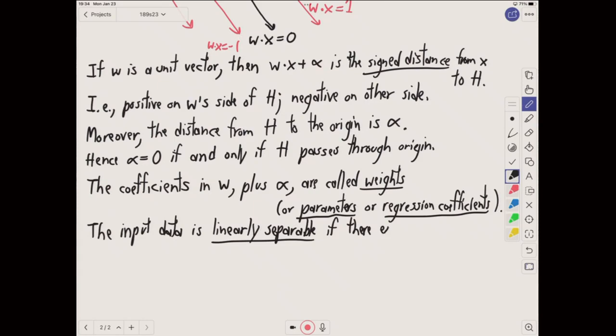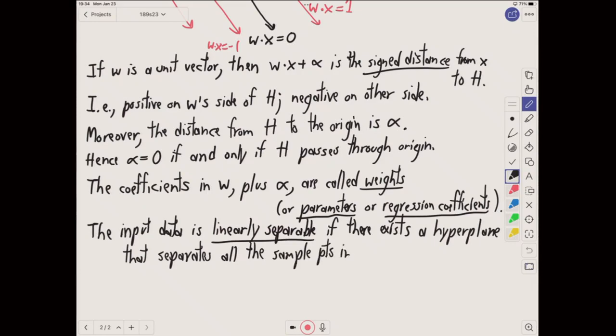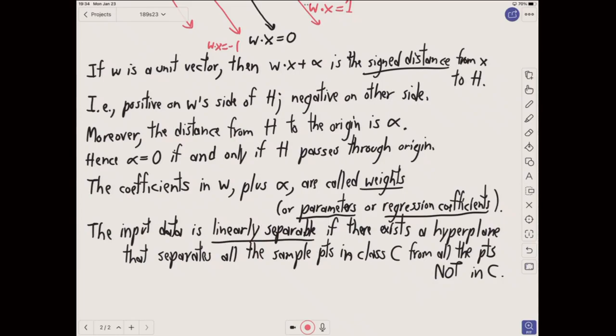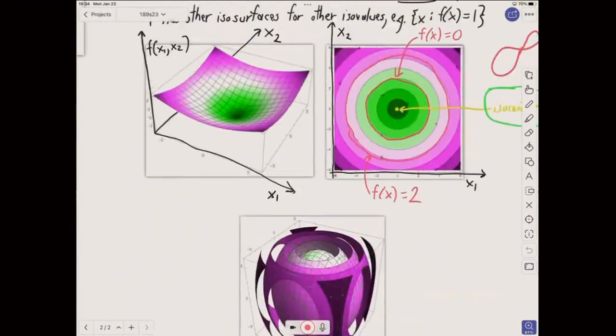It's linearly separable if there exists a hyperplane that separates all of the sample points in class C from all of the sample points not in class C. So let's go back and look at the obvious examples that I've already given you.